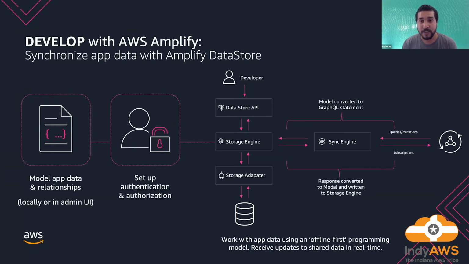Once that's all set up, when you have your backend resources set up, whether it be authentication, data storage, whatever it is, you're going to use the Amplify CLI locally on your machine in order to get those configuration files into your app.